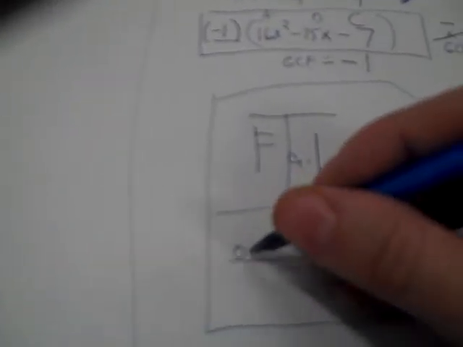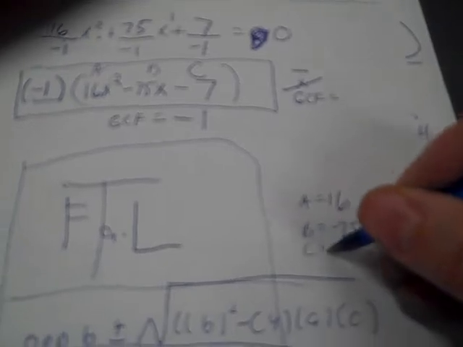Okay. Opposite of B, plus or minus the square root, B squared minus 4AC, over 2A. So, A is positive 16 now, B is negative 75, and C is negative 7.